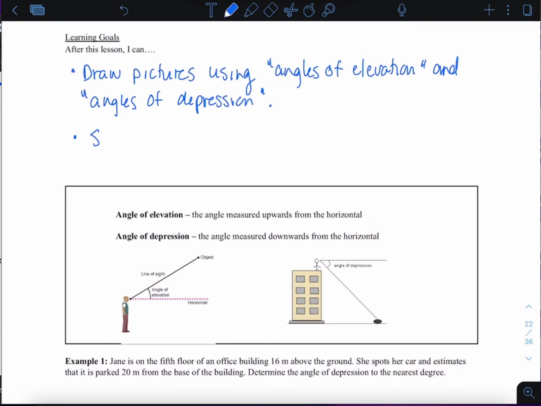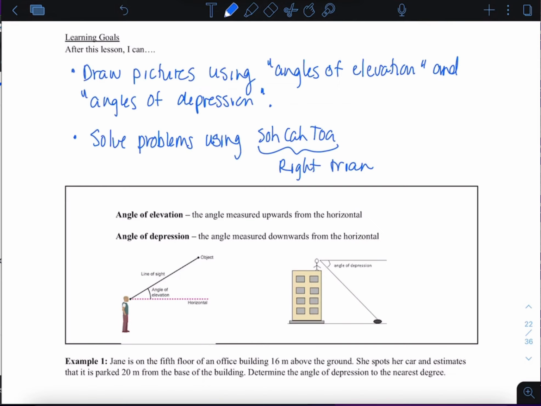And then we need to be able to continue to solve problems using SOHCAHTOA. And just remember that SOHCAHTOA implies that we're using right triangles, okay? These two go hand in hand. If you have a right triangle, you can use SOHCAHTOA, but you can't use other equations. We're going to learn non-right triangle solutions in the next two lessons after this one.